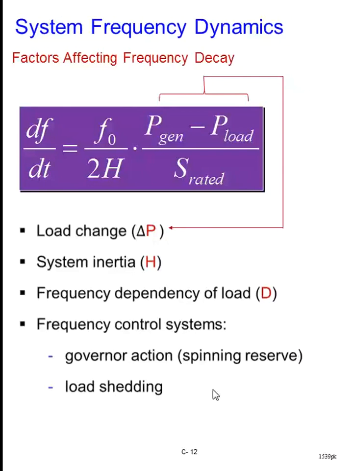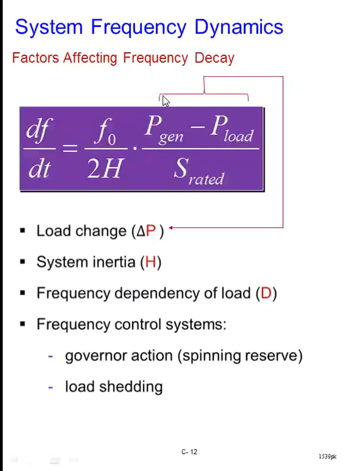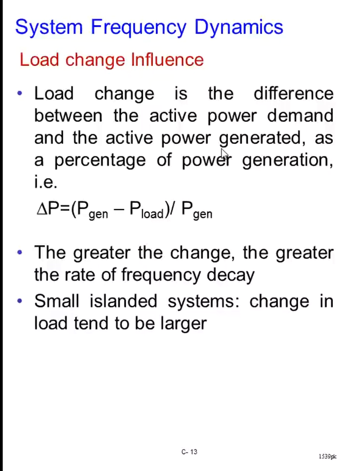Now here, if I consider the load change influence, how does the load change influence the frequency deviation? This load change, as I said, is the difference between the active power demand and the active power generated by the machine.